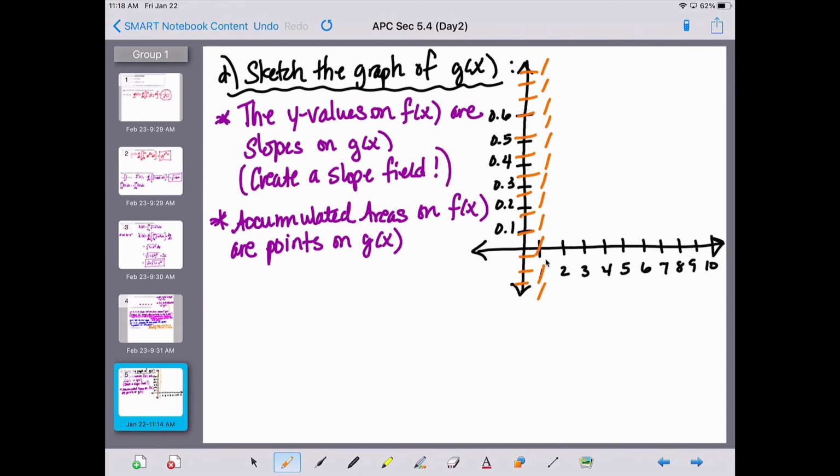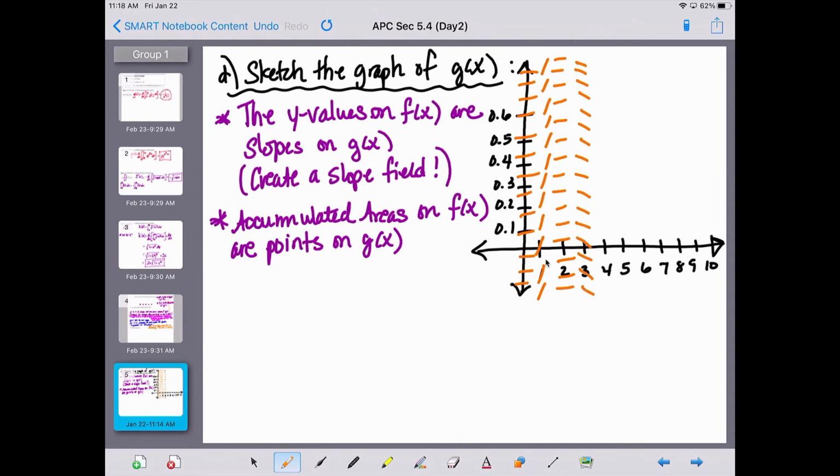When x is 2, the value of my curve is 0. So I have a 0 slope again at x equals 2. At x equals 3, it looks like my y value is maybe about negative 0.3 perhaps. So something like this.